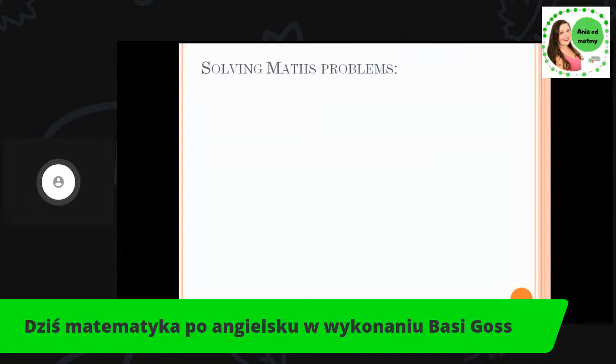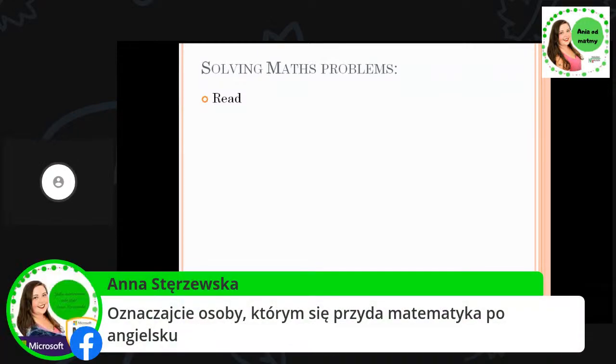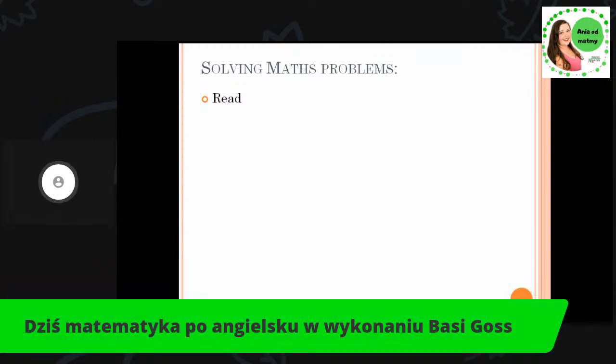The first step is to read the problem. When you get a problem to solve from your teacher, probably the first thing you need to do is read the problem. You need to read the problem very carefully. Sometimes you need to read the problem more than once, maybe twice, maybe even 3 times.